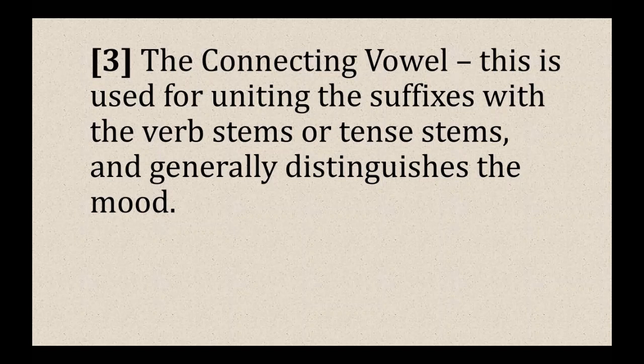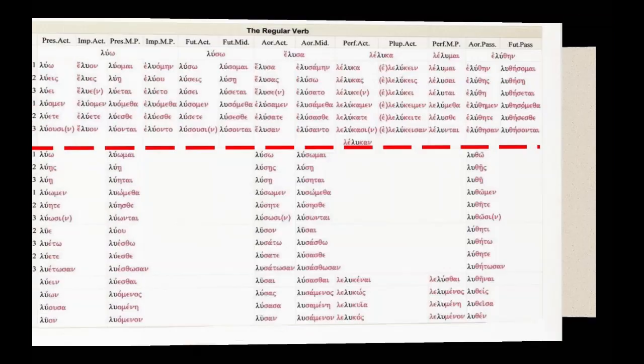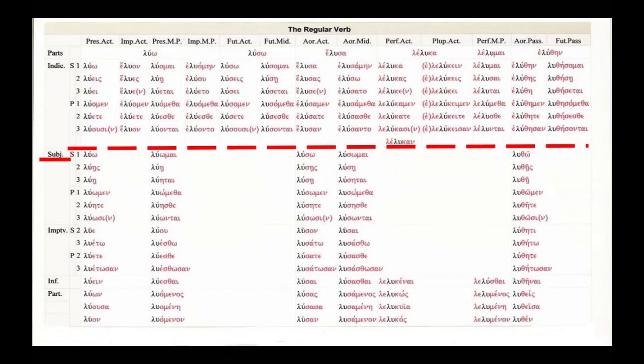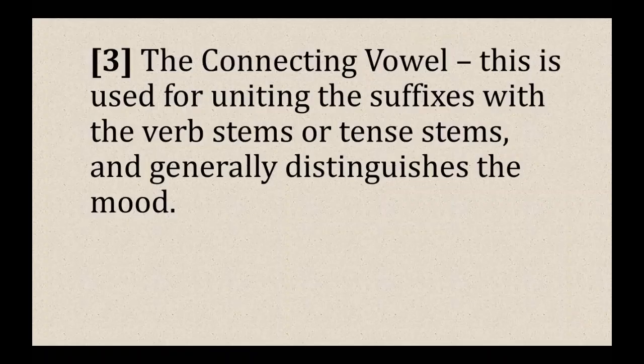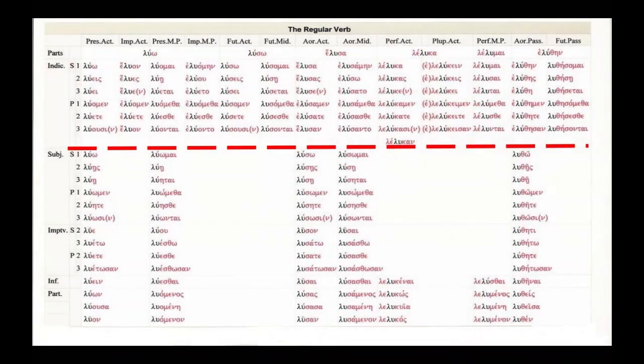But with the future, because it's just the sigma, it will have that connecting vowel, epsilon or omicron. So this can also help you distinguish the moods by the connecting vowel.